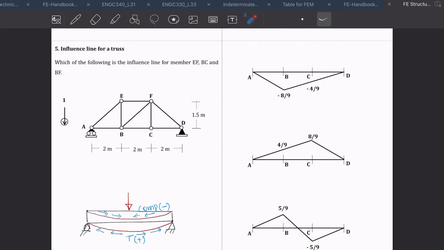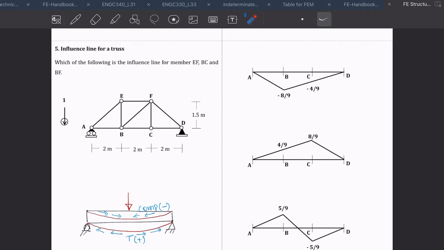Now you can see that this whole truss you can consider as a beam, and you're going to apply a load over here. If you apply a load anywhere on the bottom chord, remember that this is the bottom chord and this is your top chord, it will deflect.